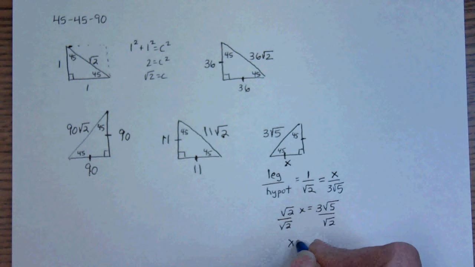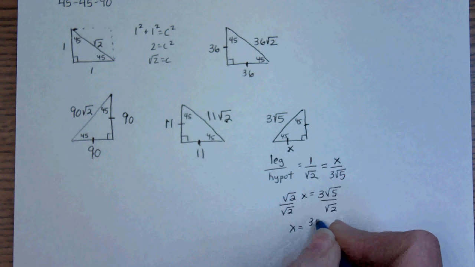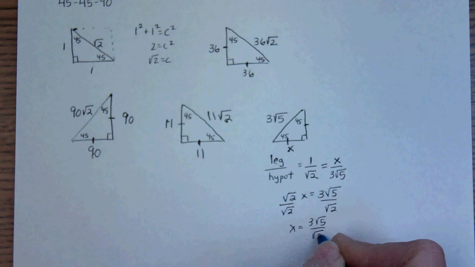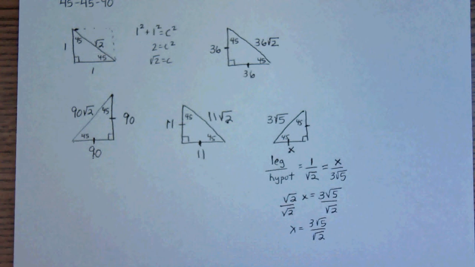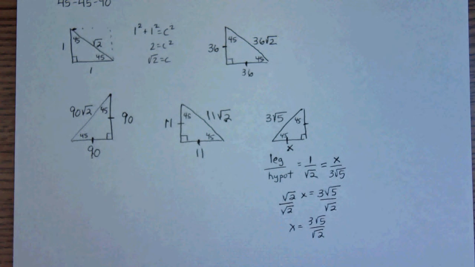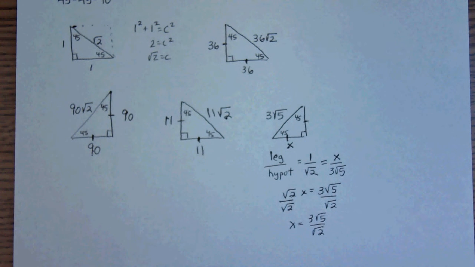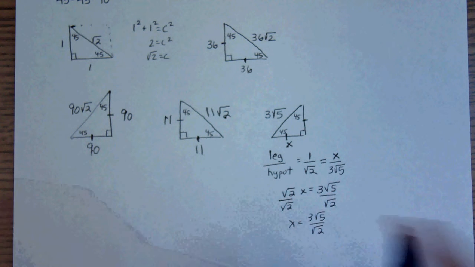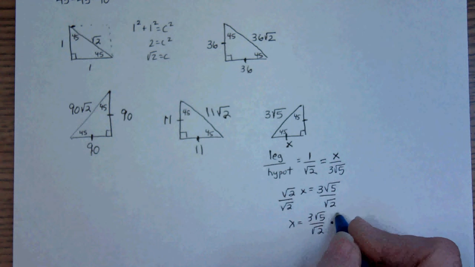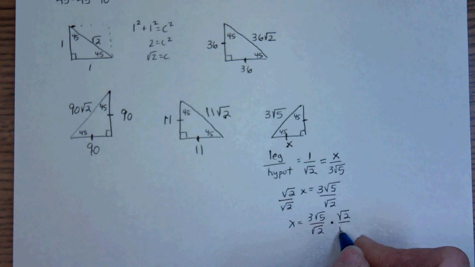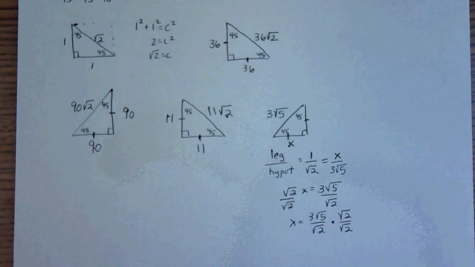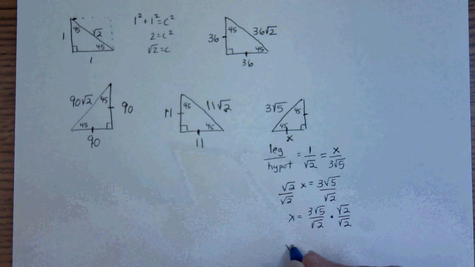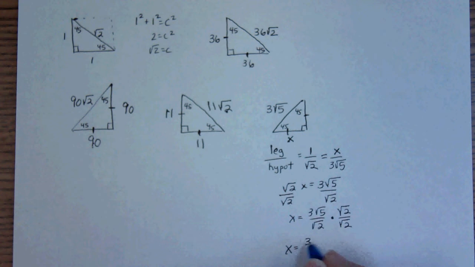And technically, we have a pretty good answer, 3 times the square root of 5, all divided by the square root of 2, but it's not rationalized. And in upper level math, they always expect you to rationalize denominators. They don't like denominators that are radical numbers. So just like we did last time, if we want to rationalize, we multiply both the numerator and the denominator by the square root of the denominator. And now we just have to remember how to multiply radical expressions.